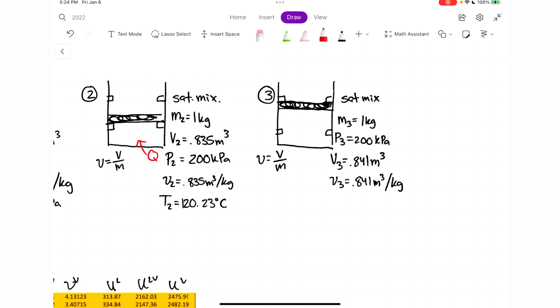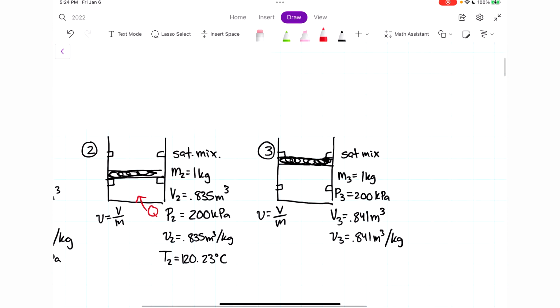But when we added that heat, it wasn't enough for it to turn into a saturated vapor. It was enough for it to still be a saturated mixture. So we need to figure out, again, what amount of heat it will take for this saturated mixture at the set of stops to turn into a saturated vapor. Okay, meaning we have a fourth state in this problem.